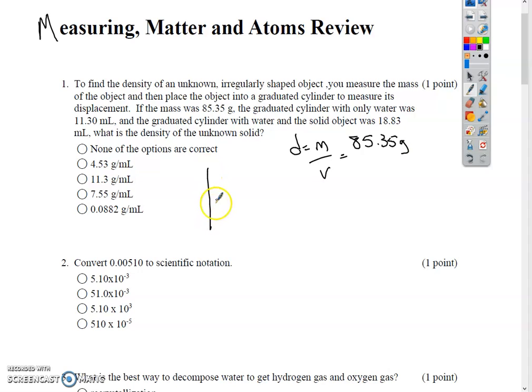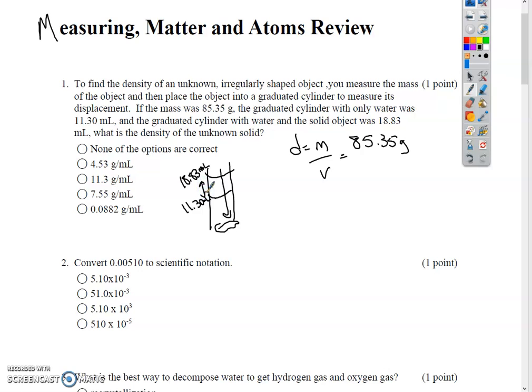It's saying you have this graduated cylinder and you have 11.30 milliliters of water in it. And it says you drop in this irregularly shaped object and the volume goes up to 18.83 milliliters. Well, we could use those numbers to figure out what the volume of the object was.